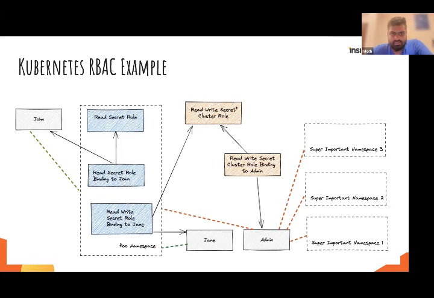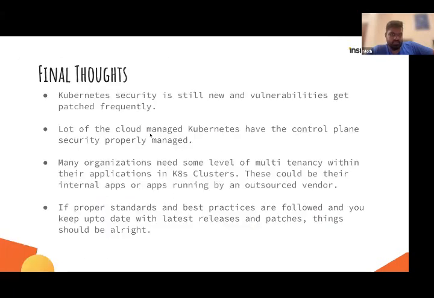There's another role called read write secret cluster role, bound to this admin, which essentially means this admin can read and write secrets across all the namespaces, which is obvious because it's a cluster role. But if I do a read write secret role binding instead of a cluster role binding to Jane, she can only read and write secrets in this namespace, and Jane cannot access the other namespaces. That's a simple demonstration of Kubernetes RBAC.